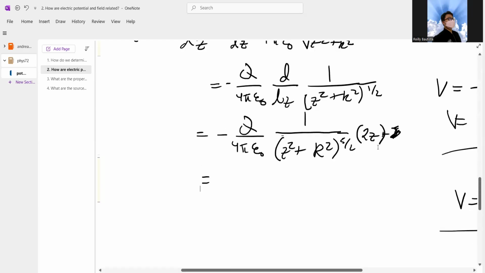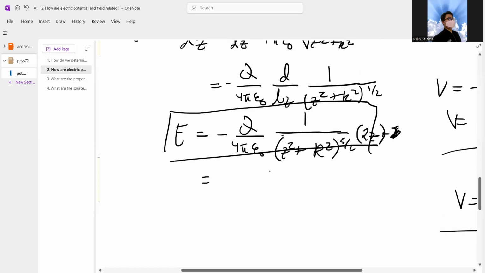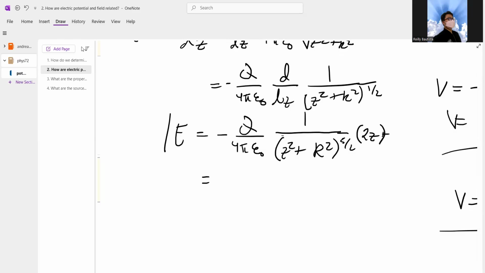Okay, so we already have the answer here. This is the electric field. Anyway, that's the answer.